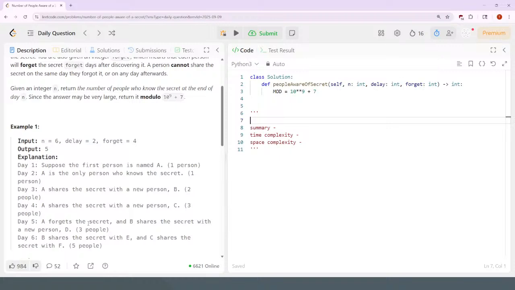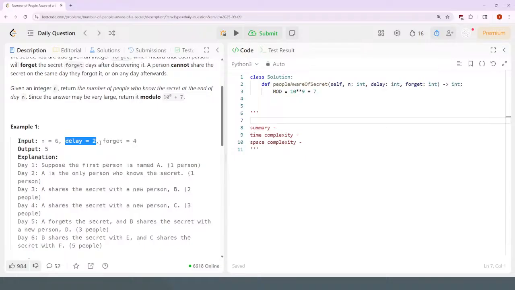Basically, they'll increase the velocity by 1, increasing the people that know the secret by 1, starting at the day when they learn the secret plus delay.